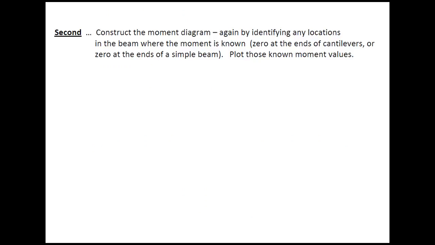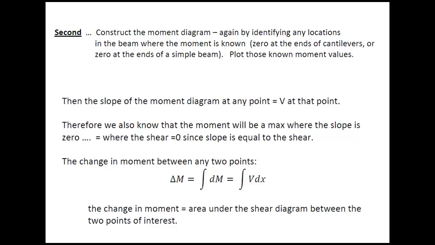Second, we want to construct the moment diagram. Again, we start by identifying any locations in the beam where the moment is known. It would be 0 at the end of a cantilever. It would be 0 at the ends of a simply supported beam. So we start by plotting those known moment values. Then again, we know that the slope of the moment diagram is equal to the shear at any point.